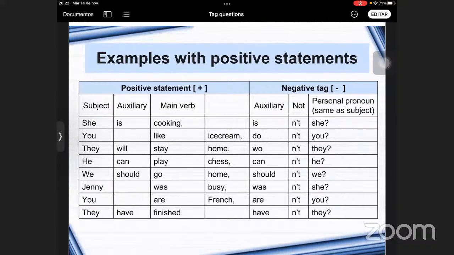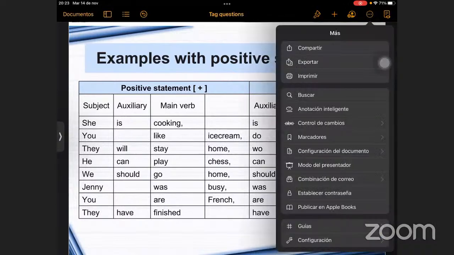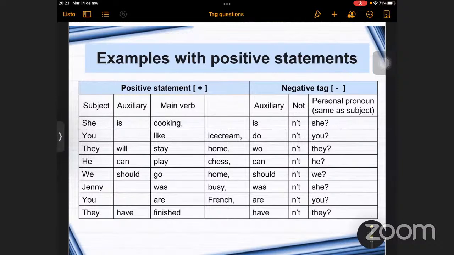You have to pay attention to the details, because if you want to do a tag question correctly, you have to know what the grammar tense is. Depending on the grammar tense of the sentence, you are going to use the contracted negative form in the tag question.